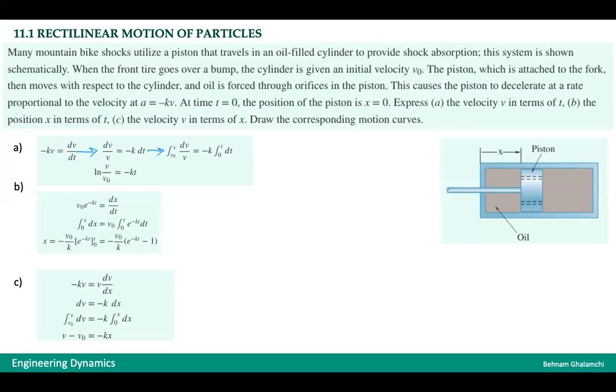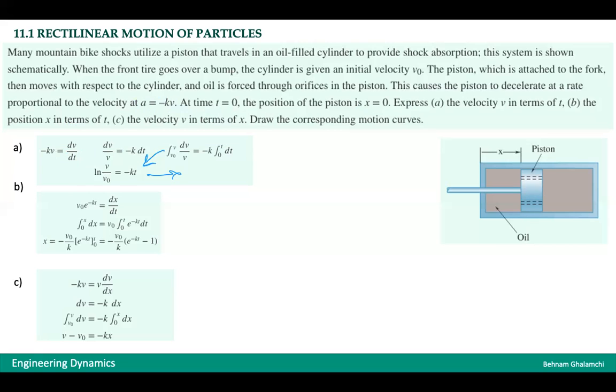The next step is taking the integral on both sides. You already know time goes from 0 to t, velocity from v0 to the current velocity. If we solve this integral, we end up with a logarithmic value: ln(v over v0) is negative kt.